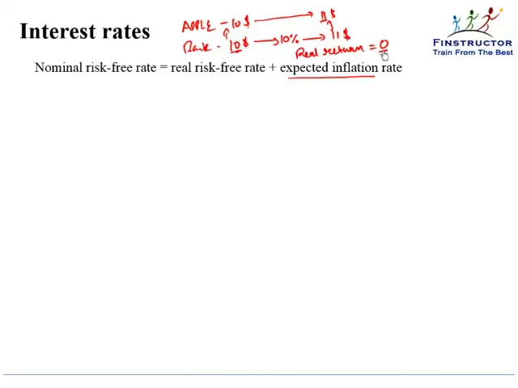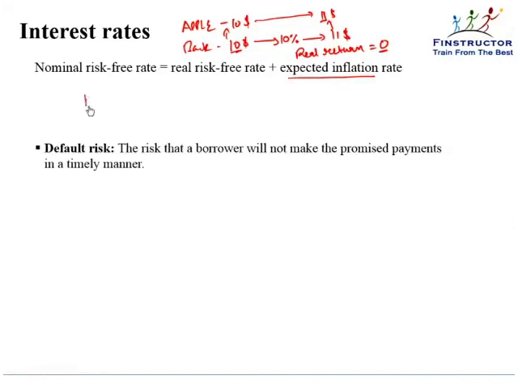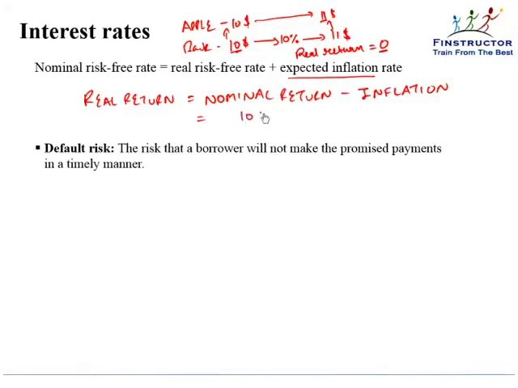So remember, real return is calculated as the nominal return minus inflation. In this case, the nominal return was 10%. However, the inflation in the prices of goods was also 10%.